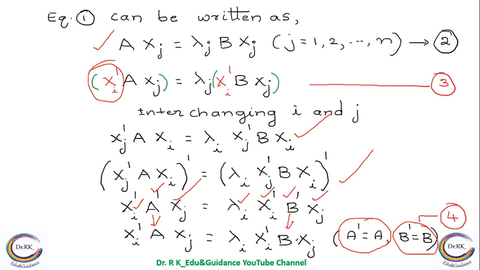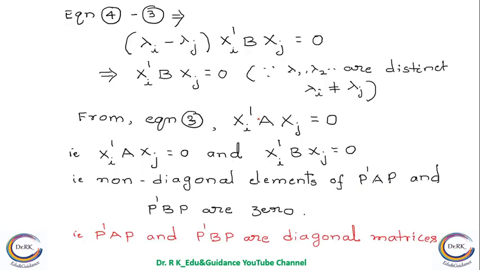Now, if you see the two relations we had, suppose you take the third relation and fourth relation. In the third and fourth relations, the left hand sides are the same, and the right hand sides are different, with lambda j and lambda i and xi transpose B xj. So suppose we subtract 4 and 3.